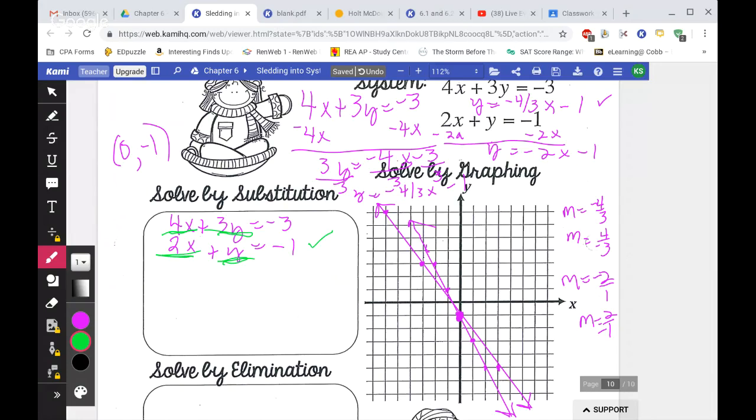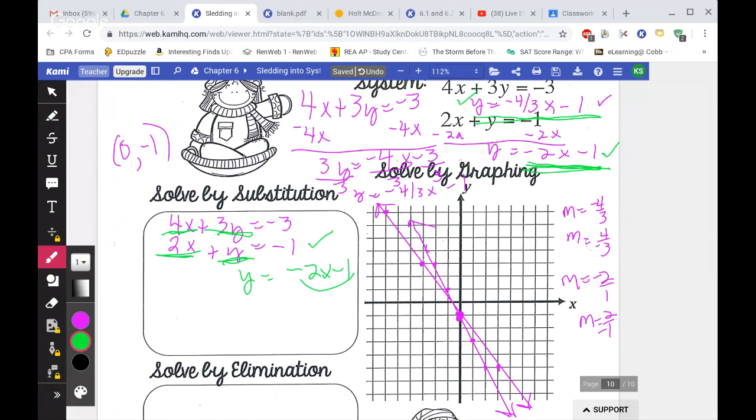So basically, you're going to get it in slope-intercept form, and we've already done that over here. So y equals -2x minus 1. So I'm going to use this one. The reason why I wouldn't want to use the other one is because if I don't have to use fractions, even as much as Miss Sparks likes them, it would be much easier to use this in substitution, right?